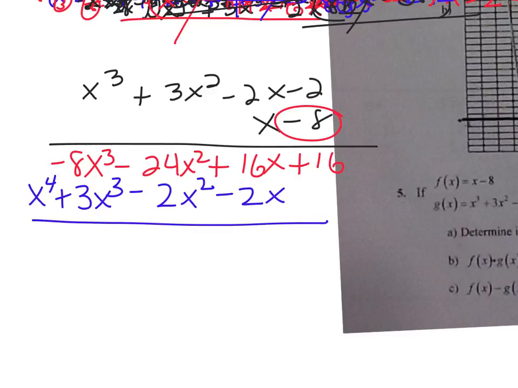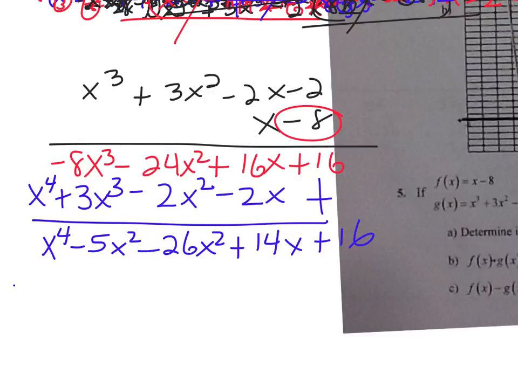All right, now just add them down. So I have x to the fourth. Negative 8x to the third plus 3x to the third is negative 5x to the third. Negative 24x squared minus 2x squared is negative 26x squared. 16x minus 2x is 14x, and then I have plus 16.